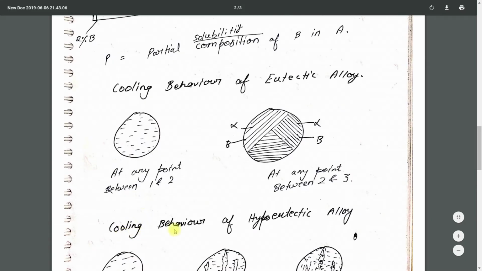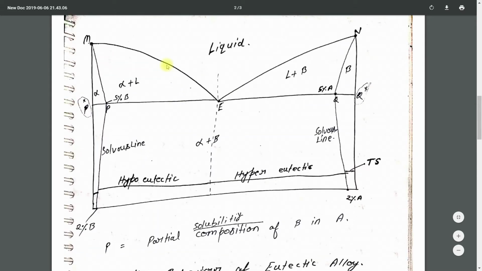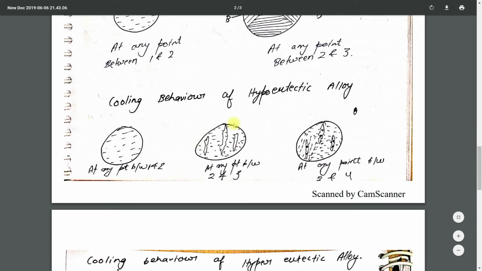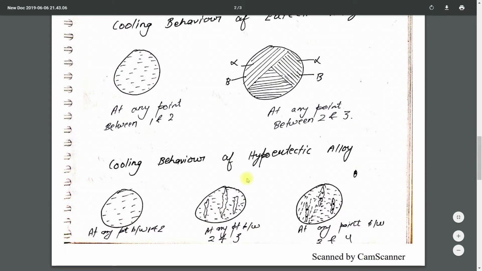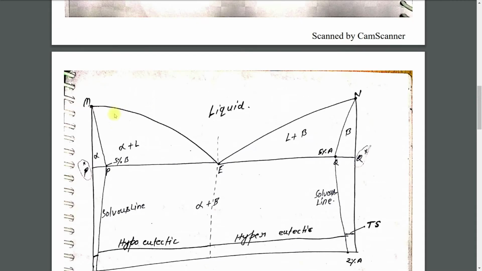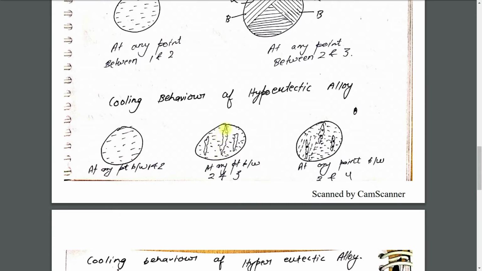Now the second diagram, please watch carefully here because I am going to tell a very important point. The dendrites formation takes place in this region. Dendrites have a most important property: they are not of pure material, they are of something like 5% or 2%, something like that, found of A, alpha.